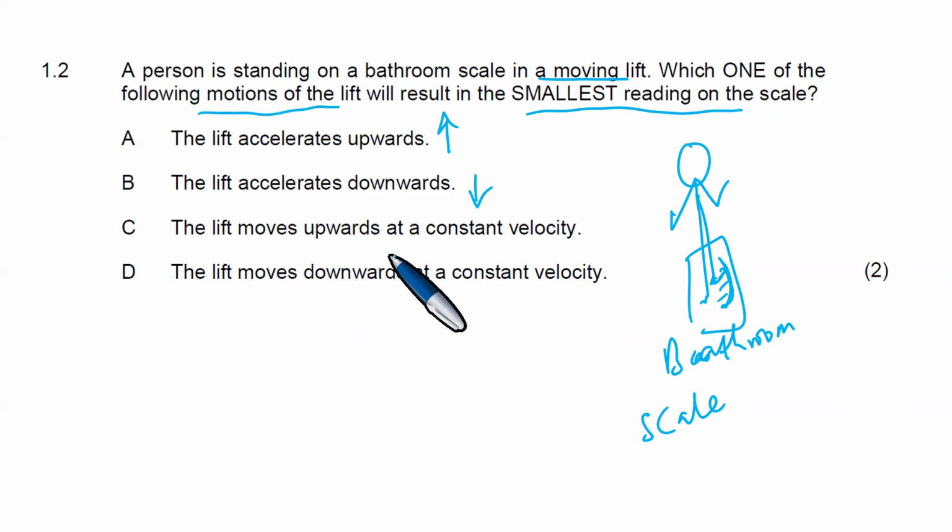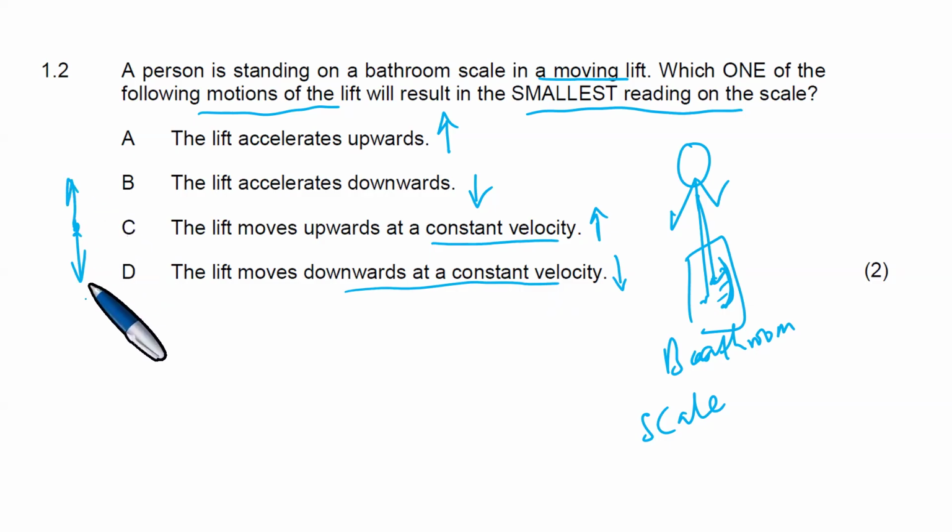If the lift moves upwards at a constant velocity, or it moves downwards at a constant velocity, obviously if it moves at a constant velocity, it means that the downward and upward forces are equal in magnitude but opposite in direction.